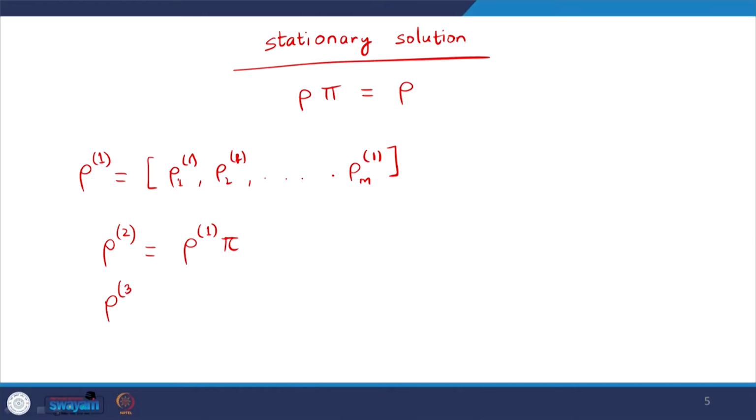If I want to compute the next step, it is going to be rho in the previous step times pi, and that is equal to rho 1 pi square, and I keep on doing it. Then after some tau plus 1 steps, it is going to be rho at tau multiplied with pi, and that is rho 1 pi to the power tau plus 1.